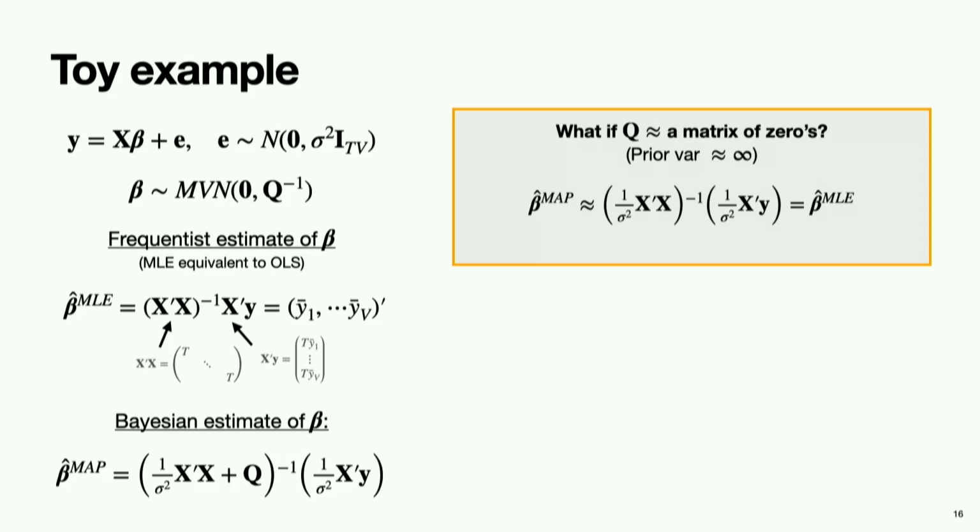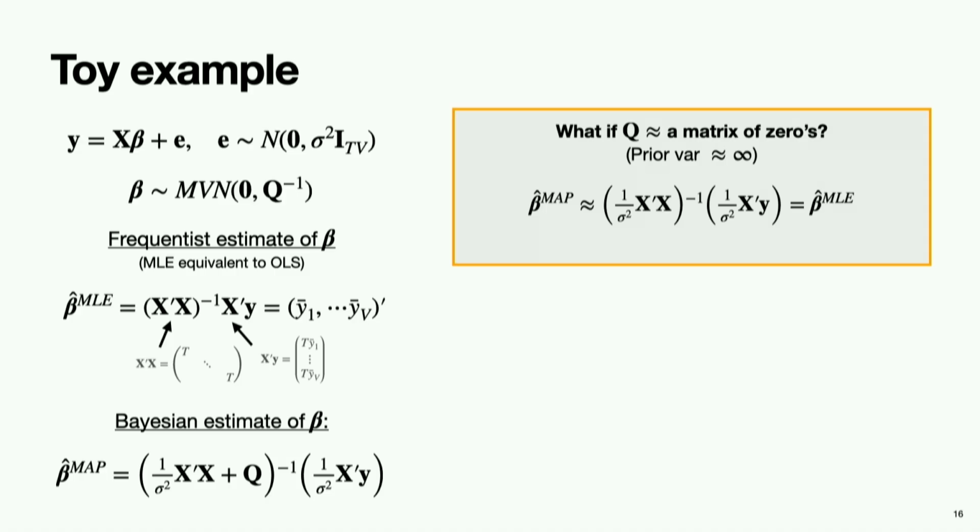So what if Q is almost 0, just almost a matrix of zeros? Remember, Q is the inverse covariance. So if we invert that, we get a matrix that's almost infinity everywhere, just really large values. What that means is that the prior variance is very large, so it's a very uninformative prior.